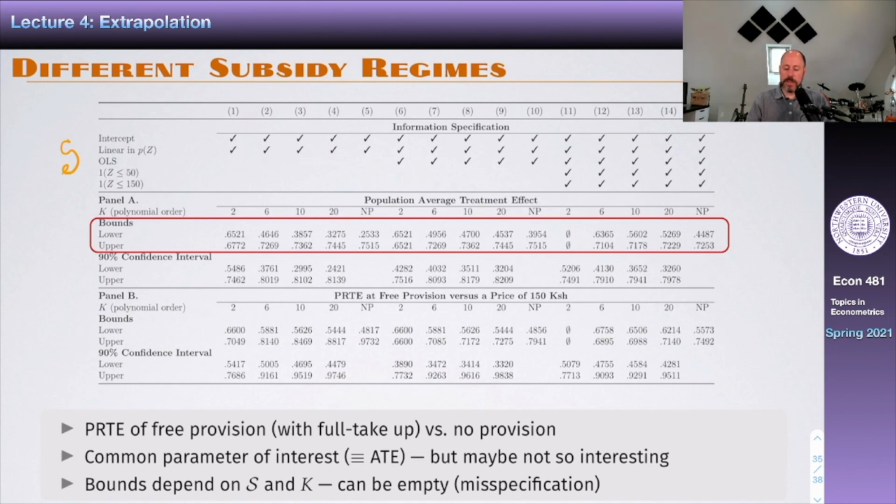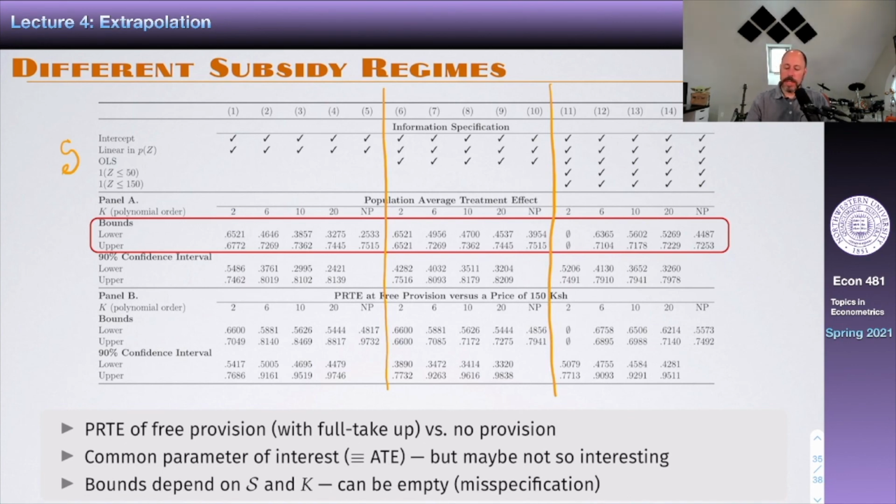In each group you have 5 specifications that are just the degree of the polynomials, which go from 2, 6, 10, 20, non-parametric, then 2, 6, 20, non-parametric, and so on. So it's not 15 completely different things, and that simplifies what we're looking at.